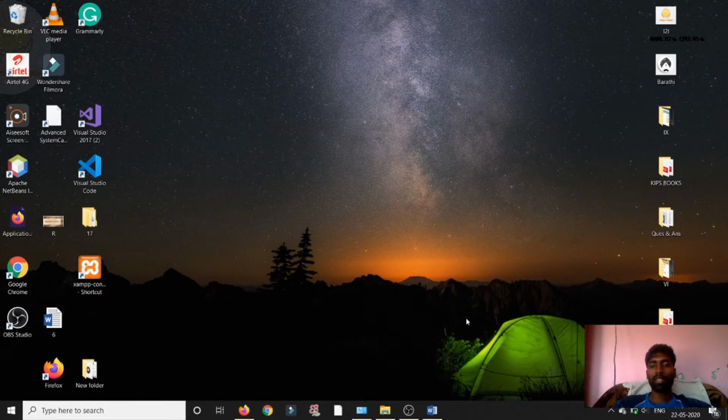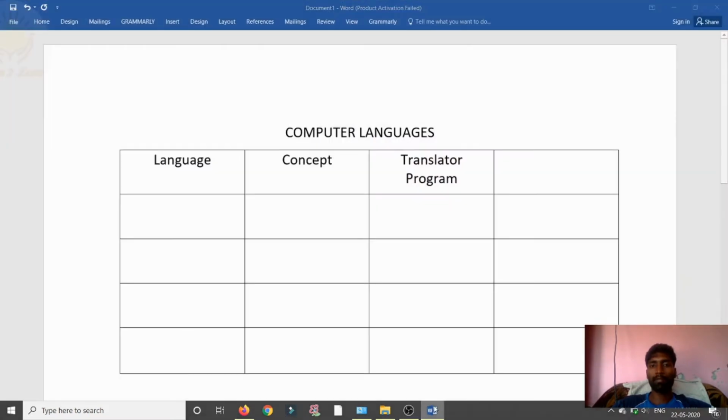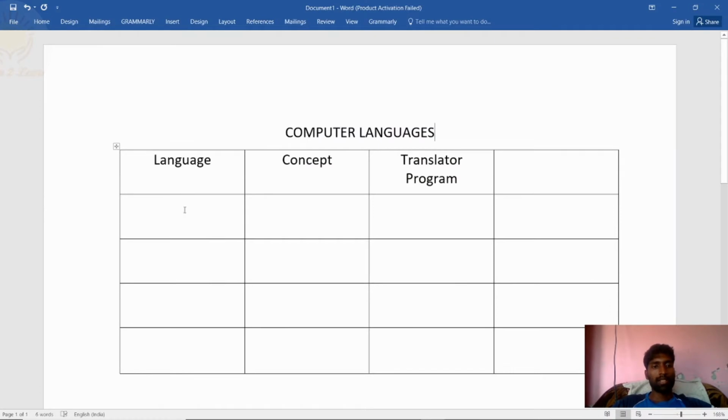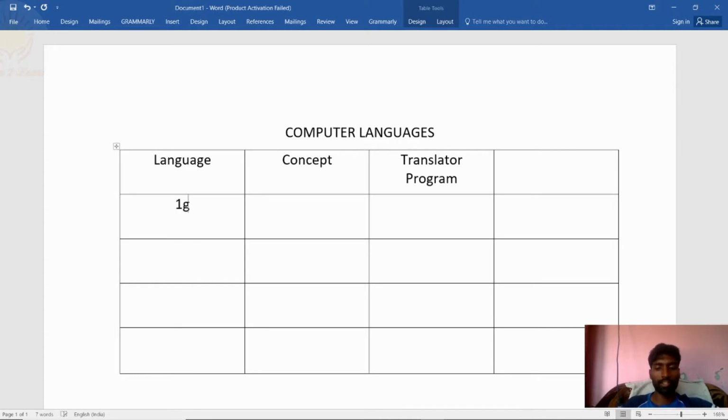Today we are going to learn about computer languages and their differences. First we will understand the language, the concept, and the translator. We will understand this in a very short way. First generation language, we can say machine language.